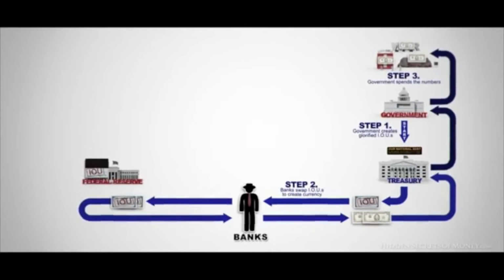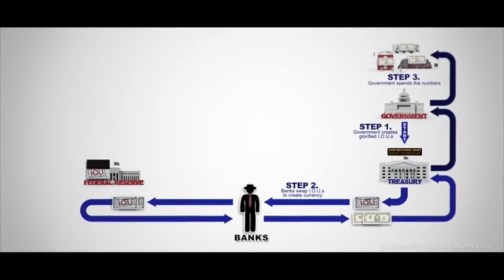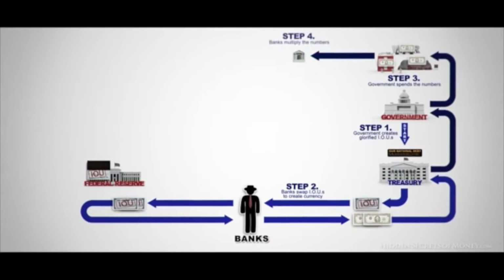Then the government employees, contractors, and soldiers deposit their pay into the banks, and we get to step 4, where the banks multiply the numbers by magically inventing more IOUs through fractional reserve lending, where they steal a portion of everyone's deposit and lend it out.